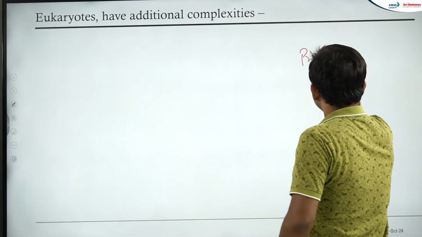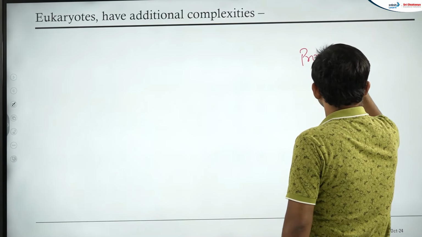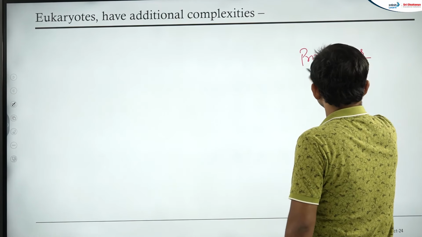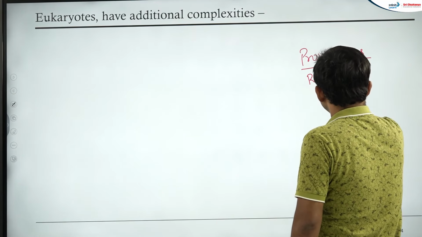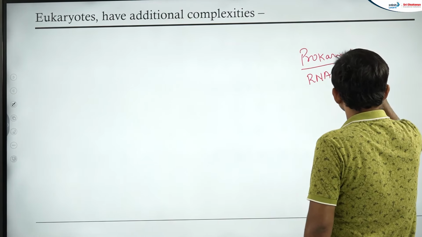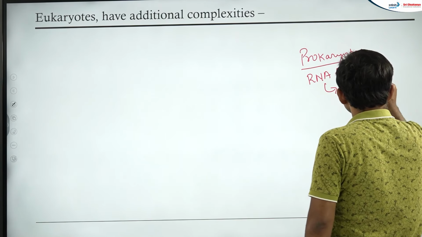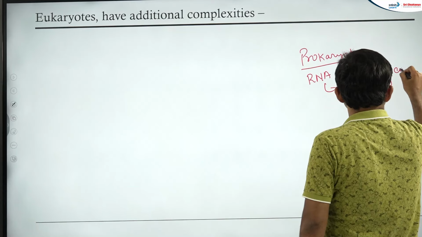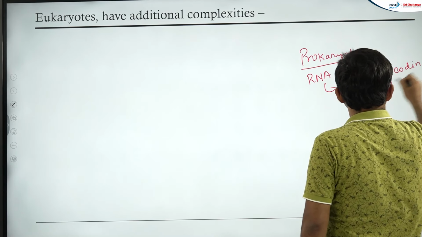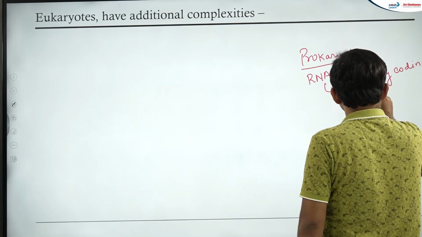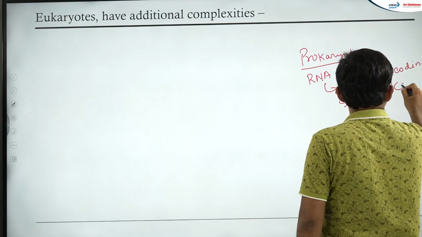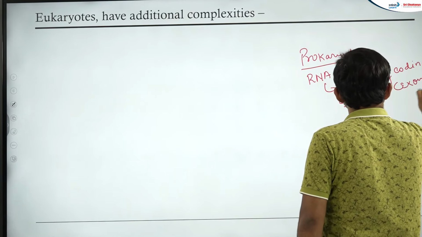So in prokaryotes, the RNA formed will have only the coding sequence, and this coding sequence you call exon. It means no intron is present.